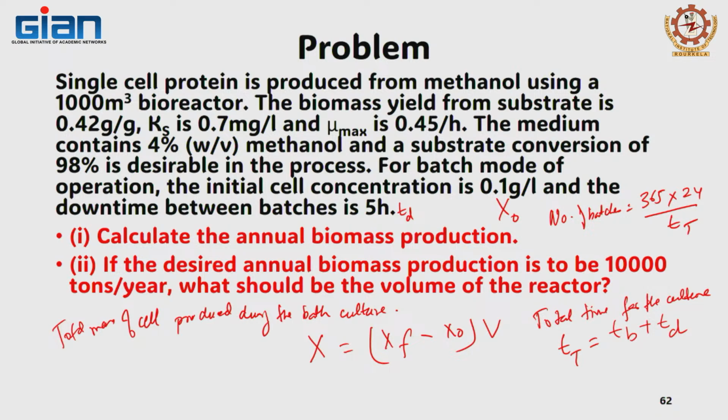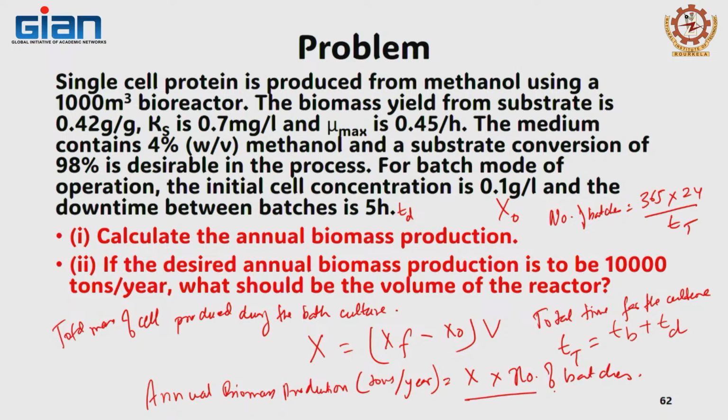So, the number of batches carried out in 1 year is 365 into 24 divided by T total, and the annual biomass production, which is your tons per year, would be X into number of batches.